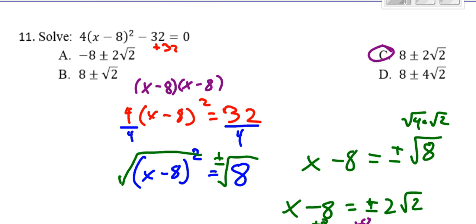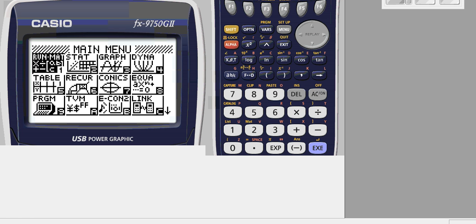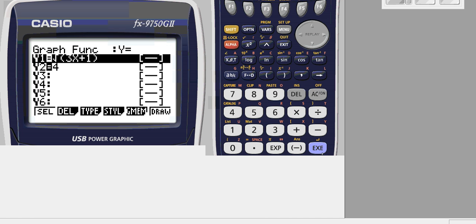Another way that you can solve this out, your calculator can actually solve these. It just solves them in a weird way. So you can graph these.